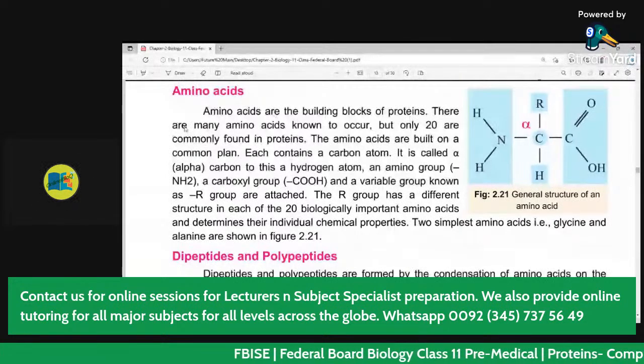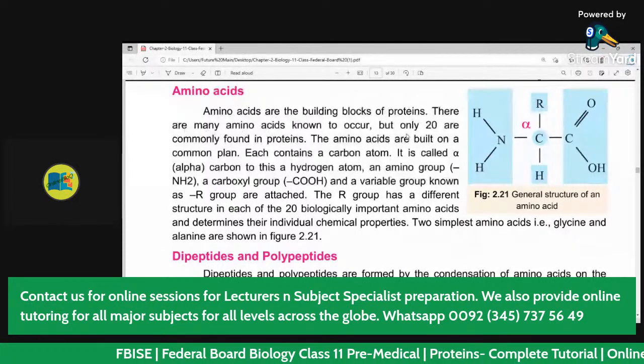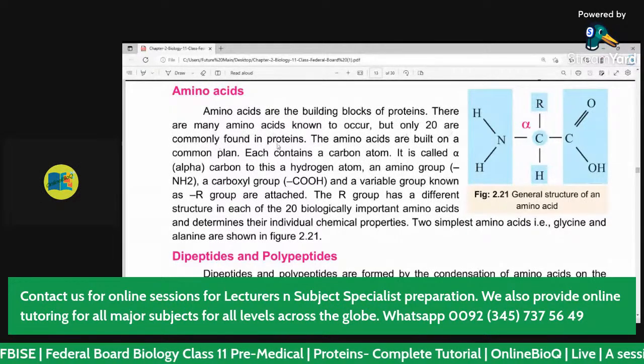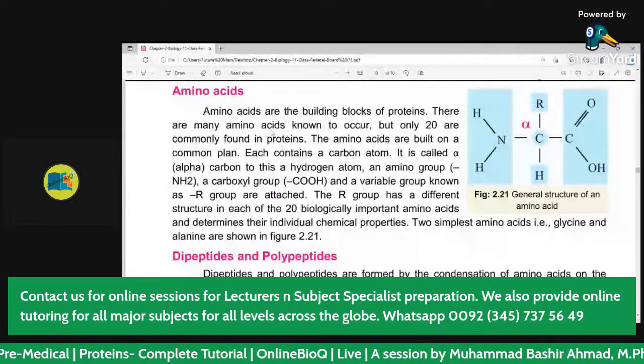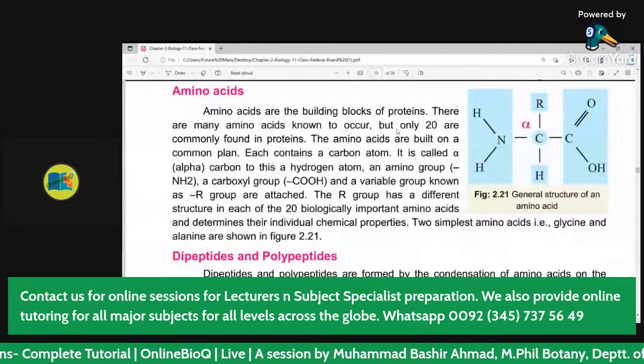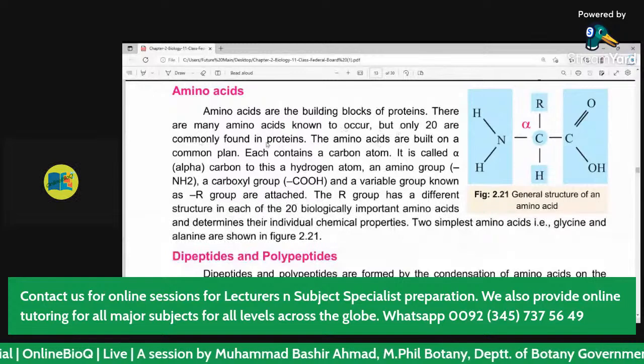There are many amino acids known to occur, but only 20 are commonly found in proteins.